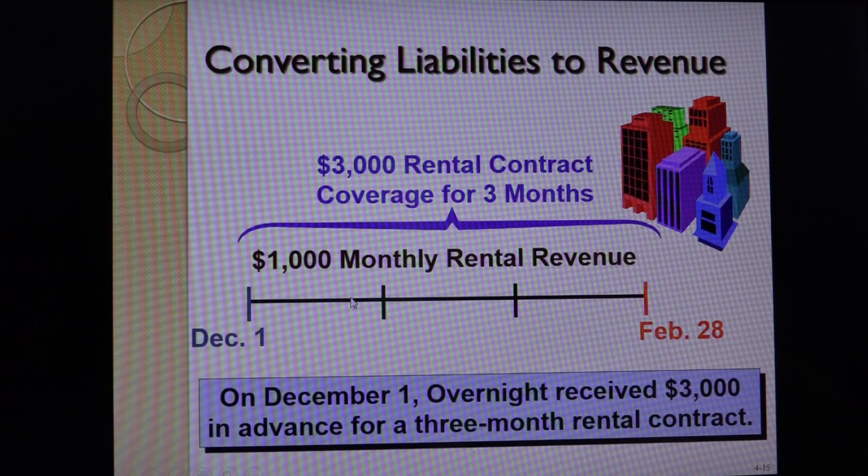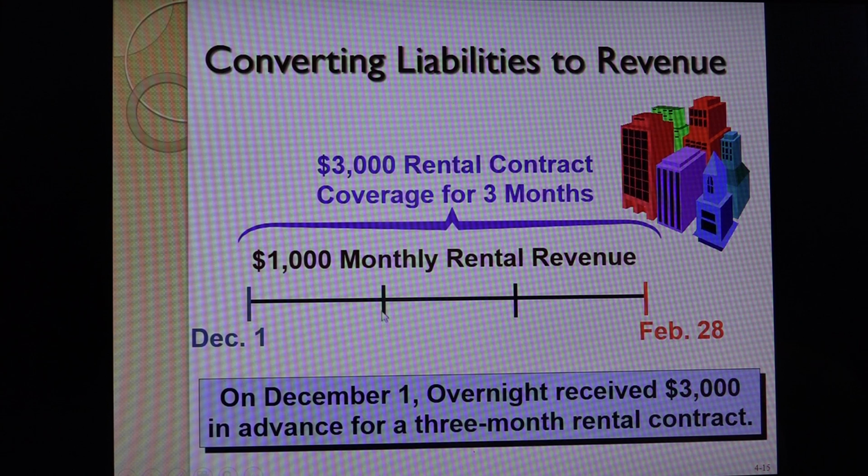What's going to happen is you're coming up to the end of the year, and you'll earn 1 month in this December 1 month, and then in that next year you're going to earn 2 months.